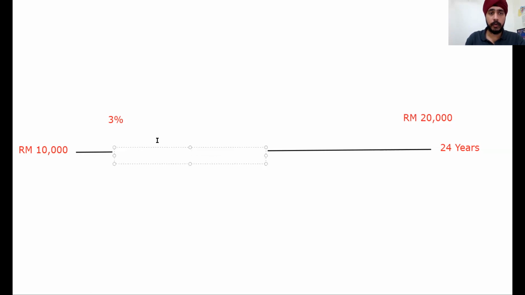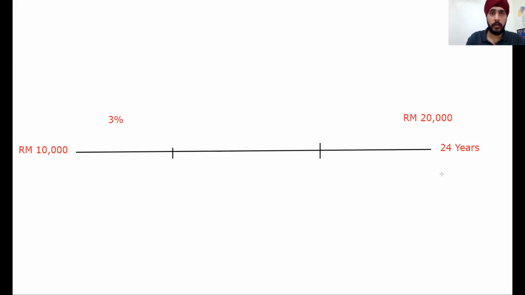So this is 24 years, and in the first 8 years we double up, then 16 years, and then 24 years. It's very, very simple.